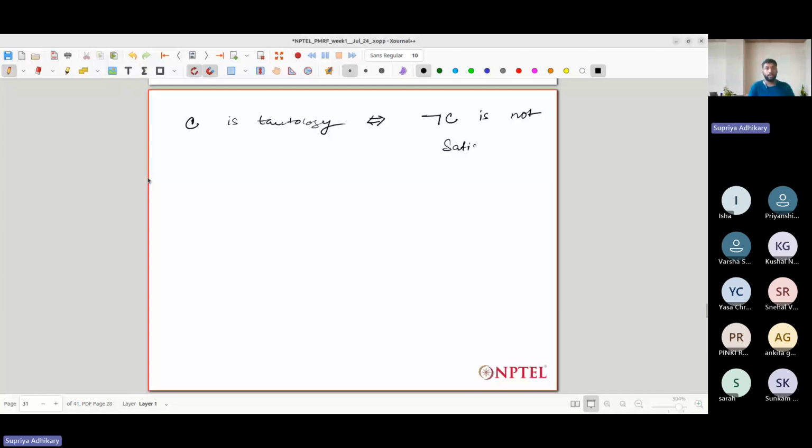That means if C is a tautology, then for any truth assignment to the literals of C, we can say that C is always true. So let's prove this statement.